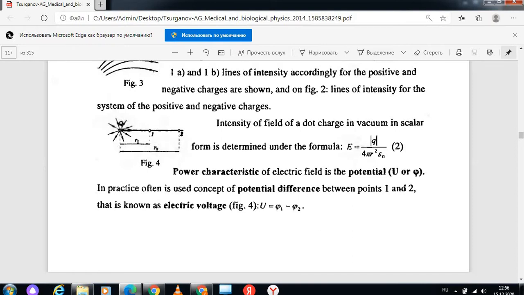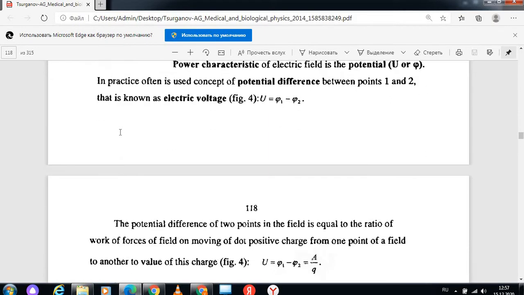It's the difference between two potentials of points of point charges, or the potential difference between two points of the field. It's an electric voltage: phi1 minus phi2. This is your voltage U.